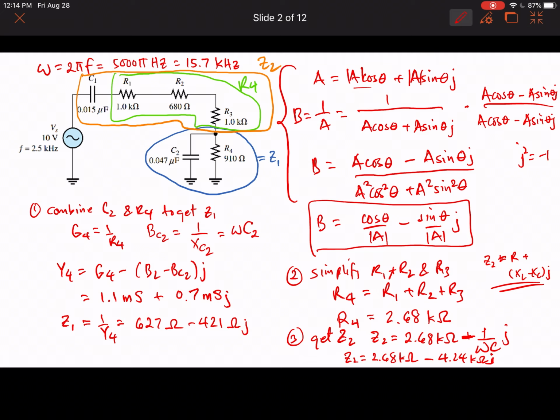Now that we know Z1 and Z2, we can combine them to get the total, or equivalent, impedance. The equivalent impedance will be Z, so Z1 plus Z2.